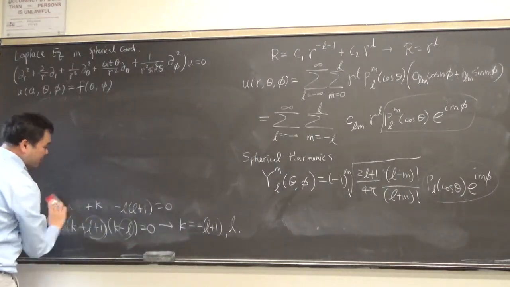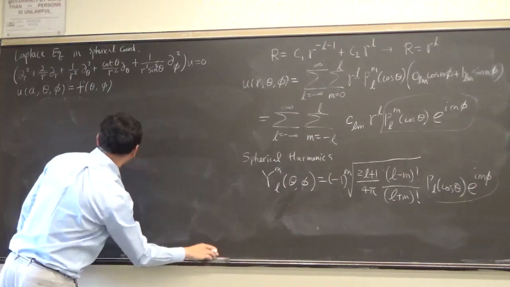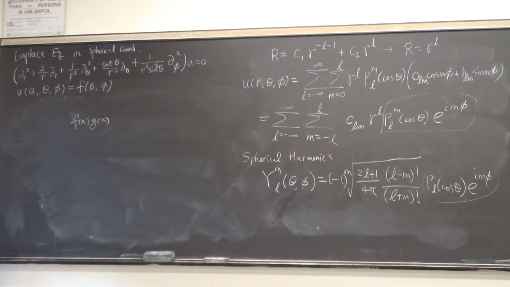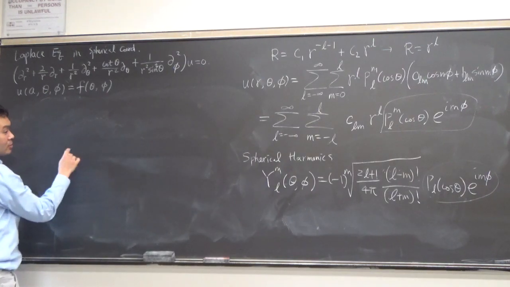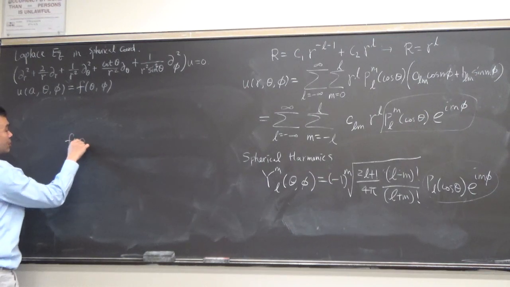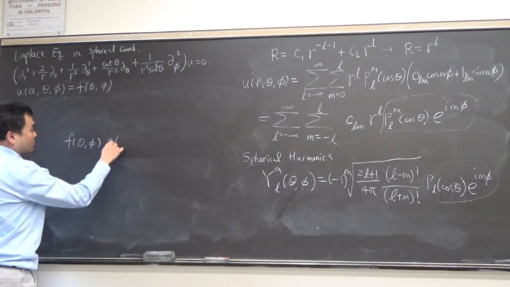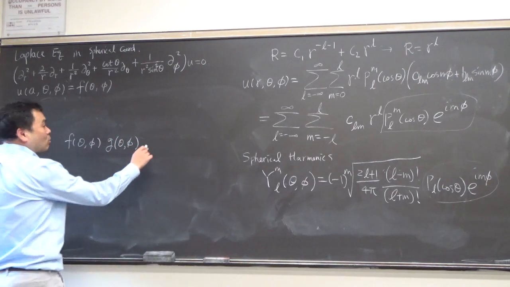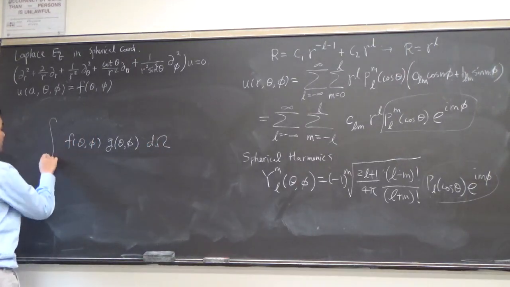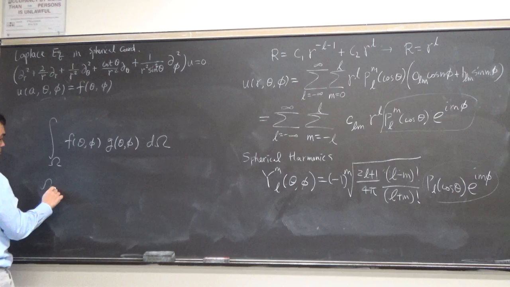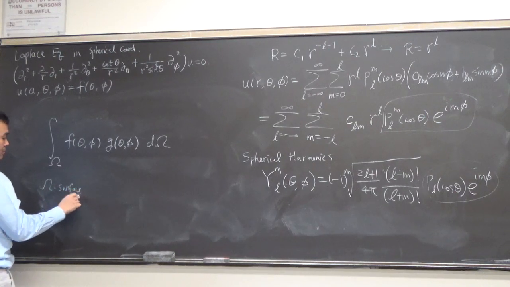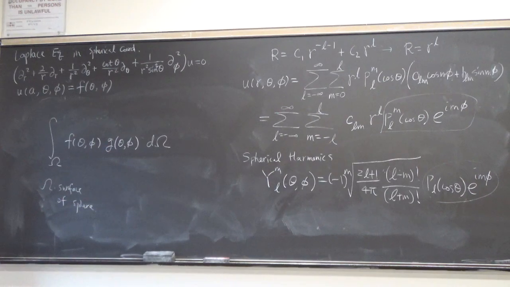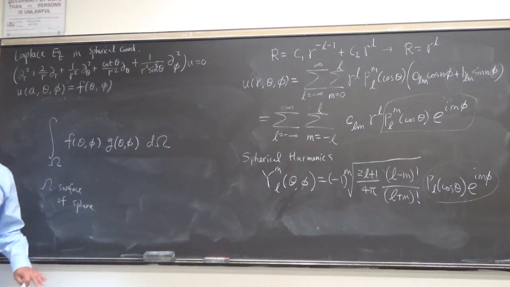I explained earlier that if you have f(x) times g(x), that's like a dot product between two functions, right? In our case, if I have a function on theta phi and another function on theta phi, and if we integrate this over the sphere, where this is the surface of the sphere, this will act like an inner product, or the dot product that we know of, right?